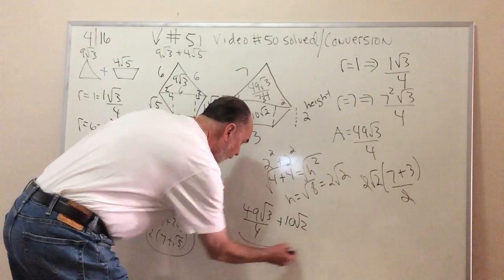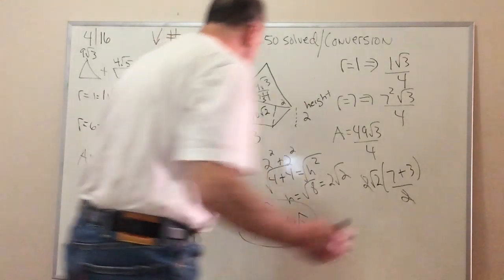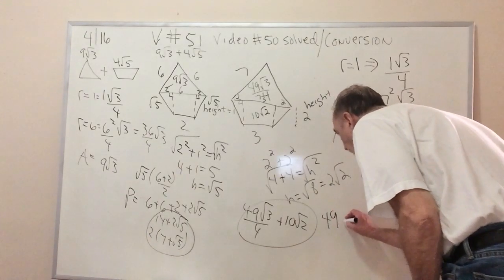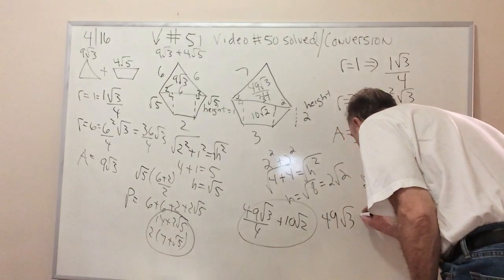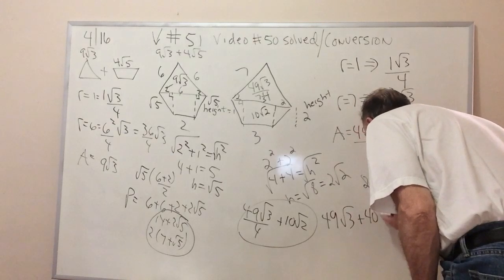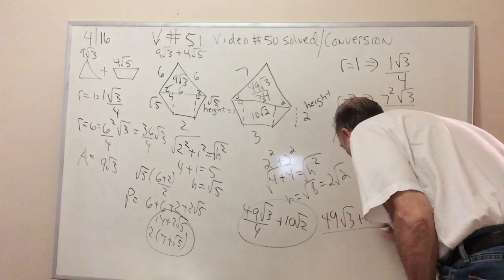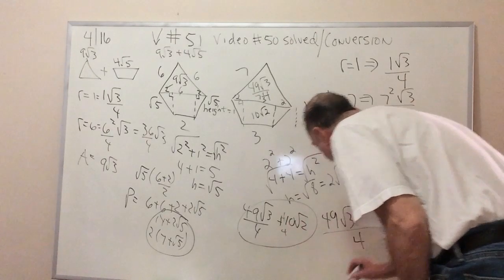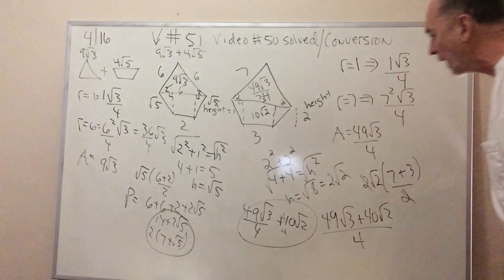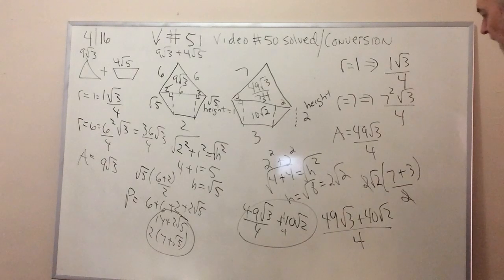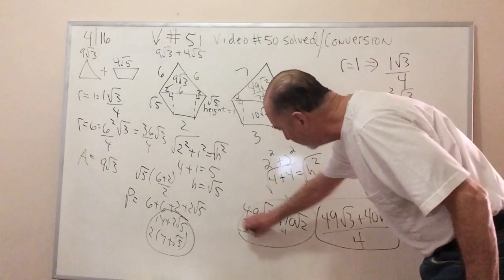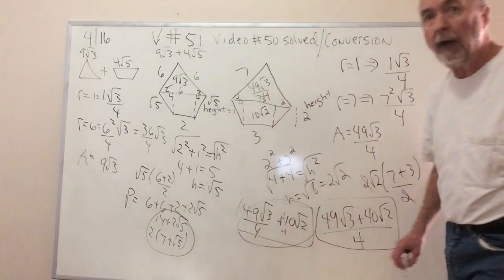And if I wanted to put it all together like we might do in a more complicated math problem, we'd have 49 radical 3 plus 40 radical 2, and the whole thing being divided by 4. And again, 6th grade math all over again. I'm just multiplying the top and the bottom by 4. And this would be considered a proper answer, but this would get the job done as well.